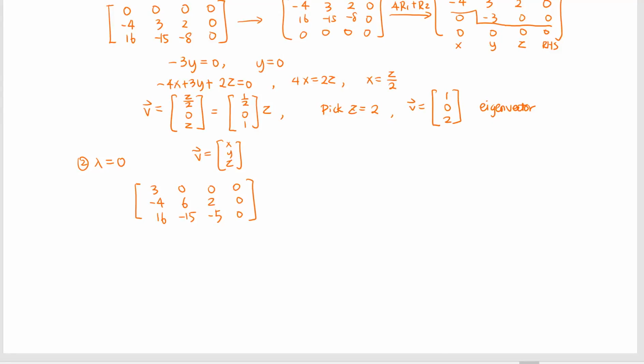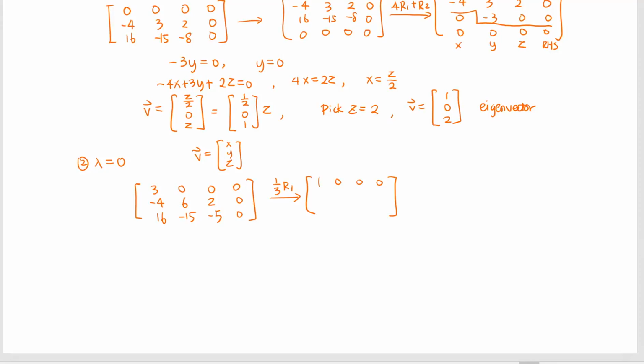So far, so good, everybody? Well, you can see here, I can divide by 3 in the first row. Then I have 1, 0, 0, and 0. And then I can use this. I want to save some steps.